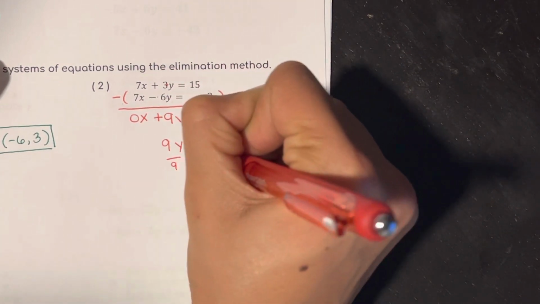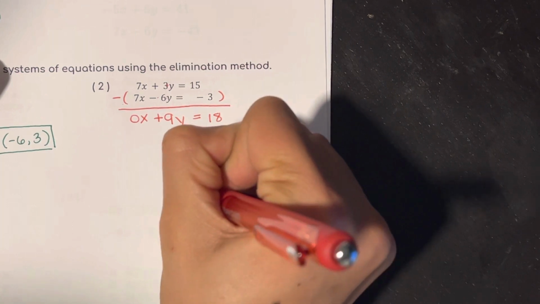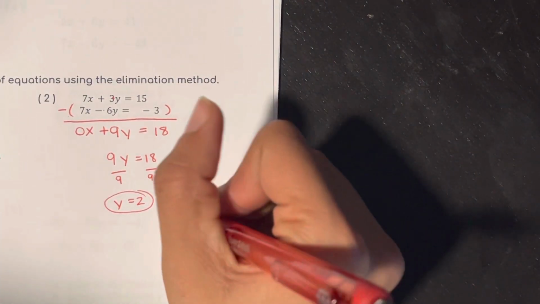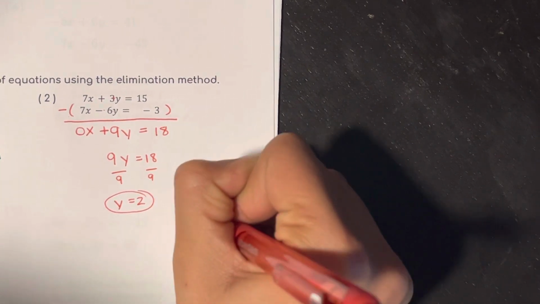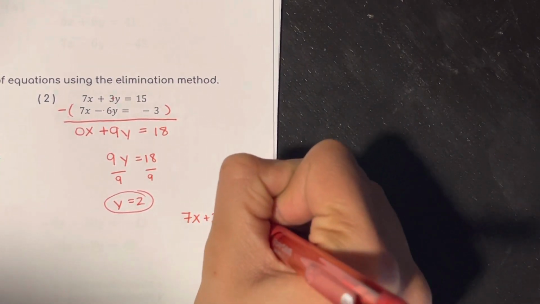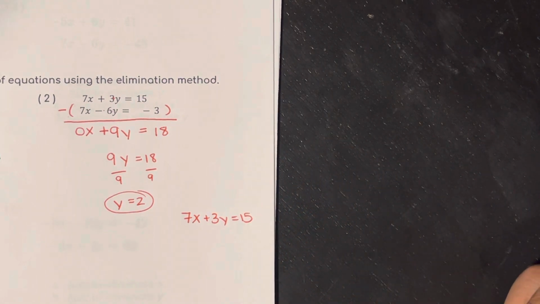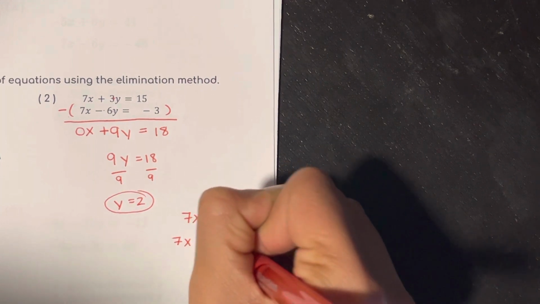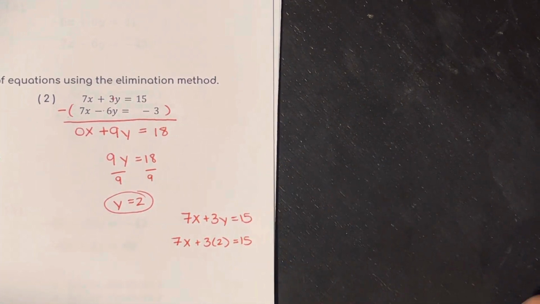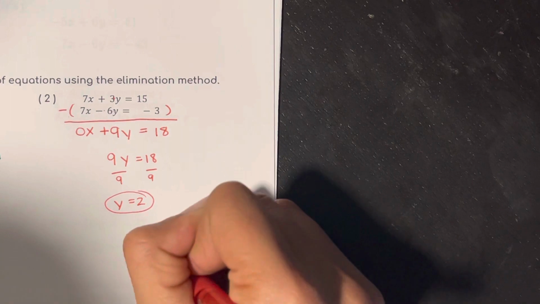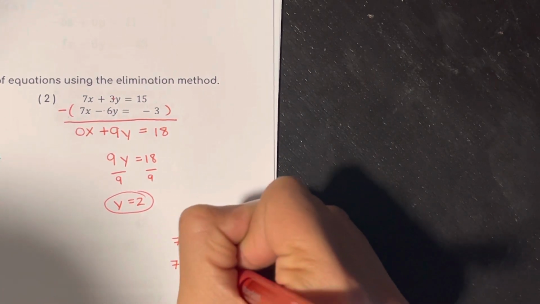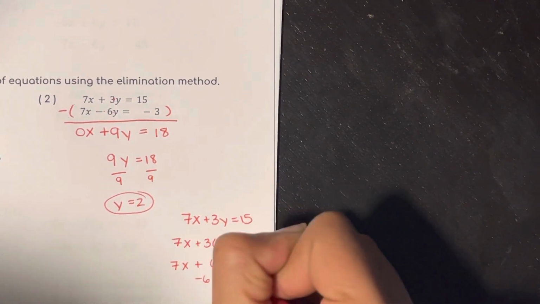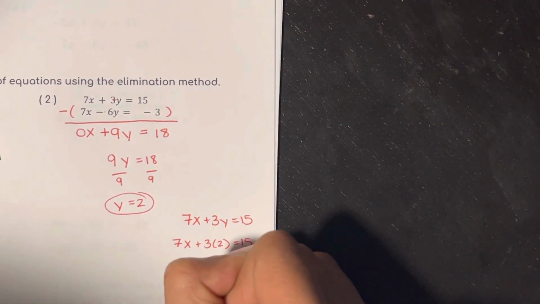I divide by 9. Y is equal to 2. I take either of the original equations. I'll choose the top one for this one. And I'm going to plug in y is equal to 2. And I'm just going through solving for x.